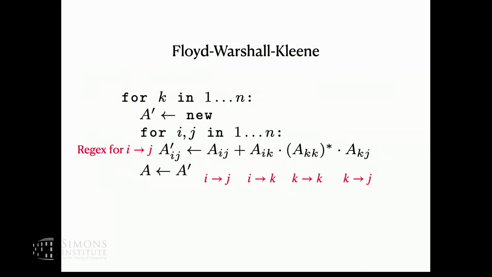Back to the paper, the claim is that we can use the Floyd-Warshall-Kleene algorithm, which is used for compiling regex into automata and for finding shortest paths, to compute this closure expression. Here's the really simple algorithm. Let's specialize it to the case of regular expressions to help our understanding. We just have some arbitrary ordering of the states in the automaton.